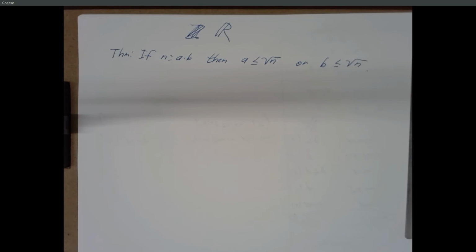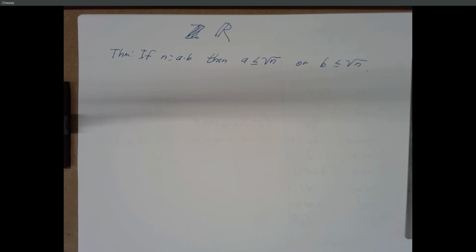But it's not necessarily clear how to go about proving this, because we don't really know a whole lot about square roots other than their definition, but nothing that really helps us with propositional logic. Does this theorem seem plausible to you, though? Yeah. I mean, if you try some numbers, it kind of makes sense. If you take 5 and 7 and multiply it, you get 35. What's the square root of 35?